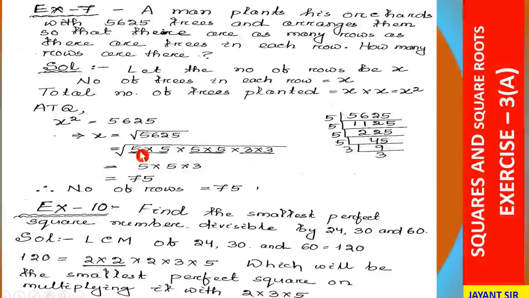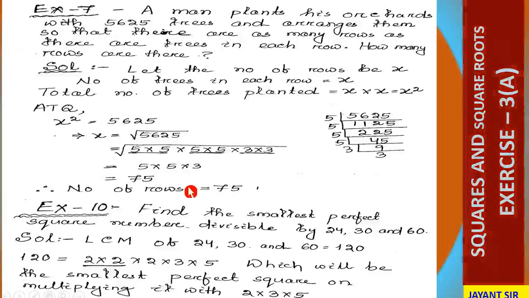So we can write 5 into 5 into 5 into 5 into 3 into 3. From these two 5s take one 5, from these two 5s take one 5, from these two 3s take one 3. So 5 fives are 25, 3 twenty-fives are 75. That means the number of rows is 75.